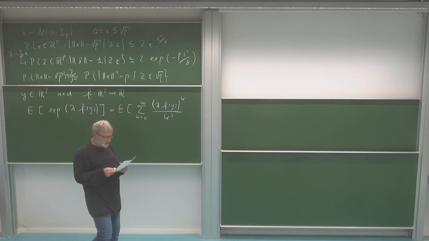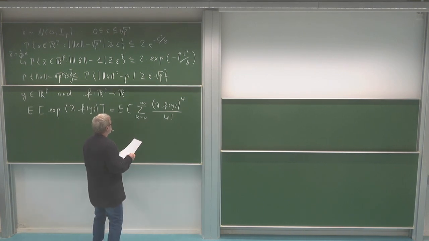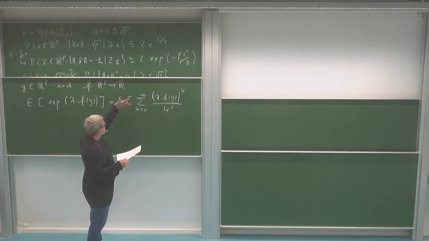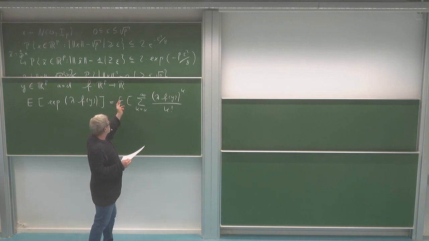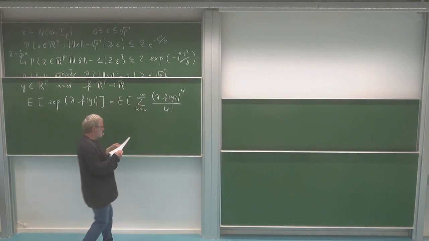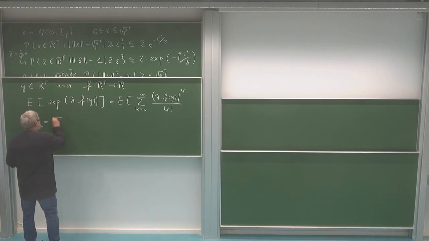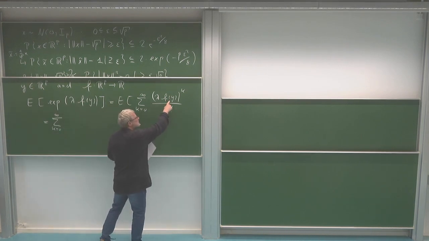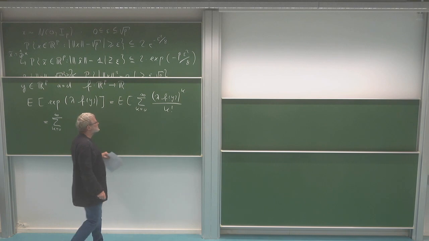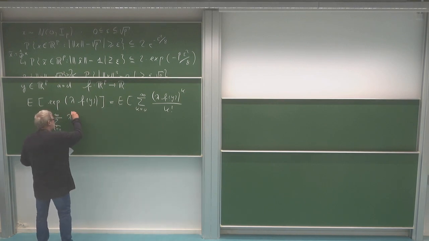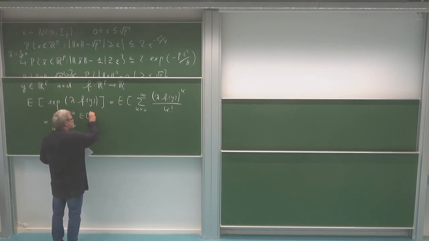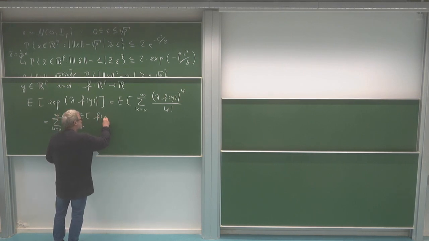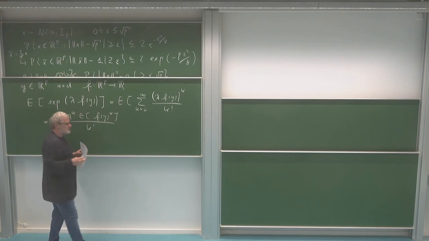That's just the expansion of the exponential function. Everything here is nice, so I can commute the expectation with the sum. The expectation only applies to y, and lambda is just a number, so I get lambda to the k, and the expectation acts on f(y) to the k, and then I divide by k factorial.